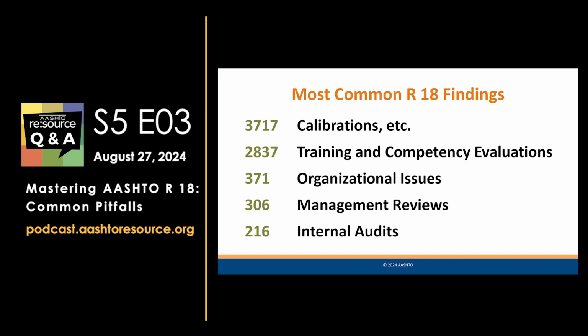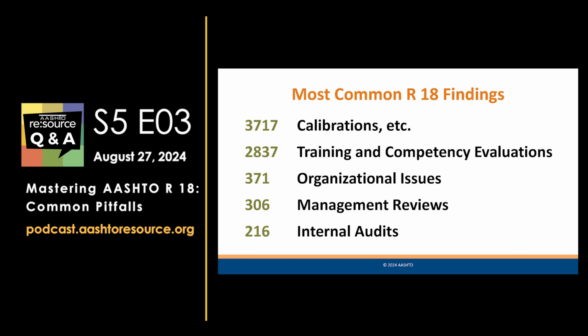That could be the org chart wasn't updated, didn't have one, position descriptions were not in conformance with R18, a bunch of other things like that. And then we've got 306 findings on management reviews, which I thought would actually be a little higher. People really struggle with that one.